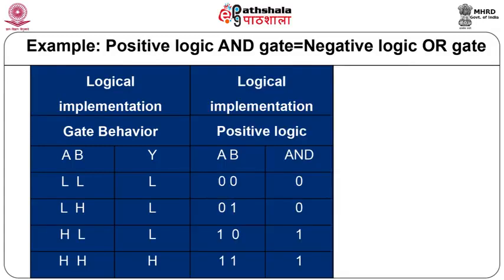The second table shows that 0 0 is equal to 0, 0 1 is 0, 1 0 is 1 and 1 1 is 1. So, the first table shows you the signal value and the second table shows you the logic value.